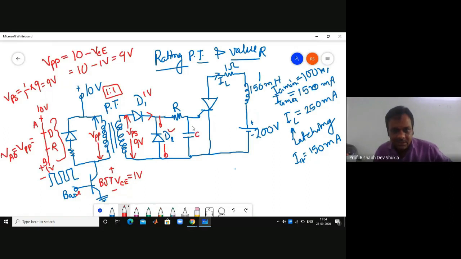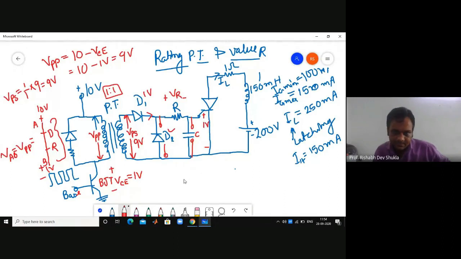Again, C is also an open circuit because of this DC current. So there is no effect of C also. If the voltage drop across R is VR, and already you have been given that gate to cathode drop is 1 volt.